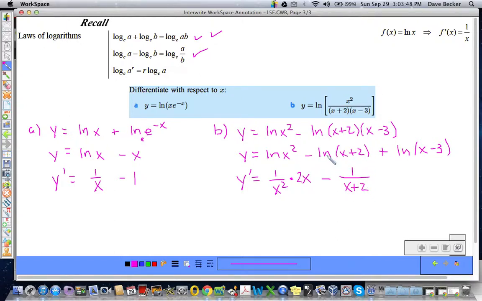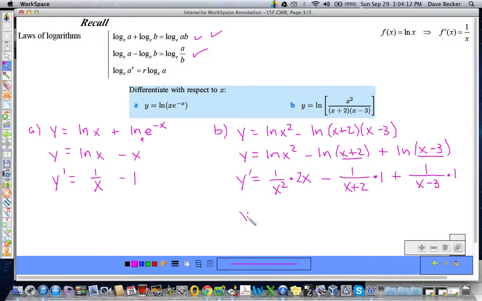That's the derivative of the natural log of x plus 2. The outside function is natural log, multiplied by the derivative of the inside here, which is just, let's see, 1, plus derivative of the outside, 1 over x minus 3, multiplied by the derivative of the inside. Derivative of x minus 3 is 1.